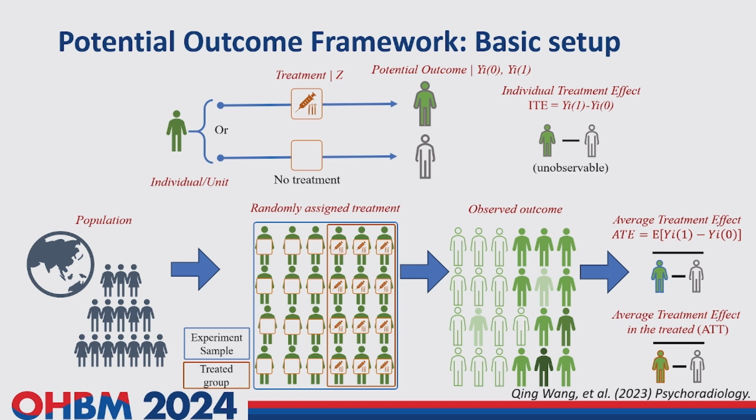mathematical formulation later. So this is the procedure of how we usually do our experiments, right? From the population, we just take a small subset in our experiment. Of course, we really want to do RCTs because they give us reliable information. Later I'm gonna tell you why RCTs give us the most reliable information. Then you split into two groups, the control group and the treatment group, and you observe some results.